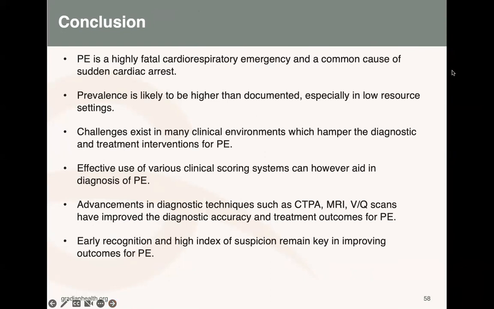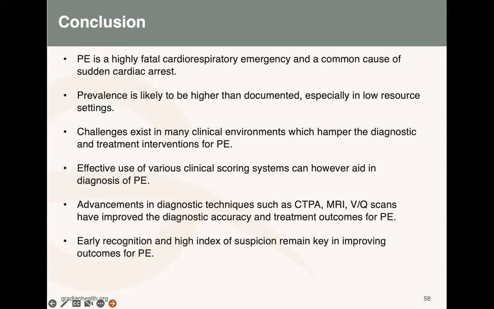And the prevalence is likely higher than documented, especially in low resource settings, because we don't diagnose, we don't have the facilities, we don't have the imaging, and we don't even do autopsy for every patient. I believe if we did, we might find the prevalence going up.